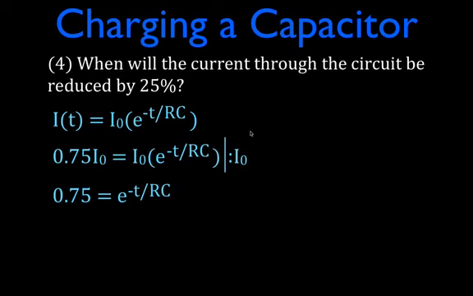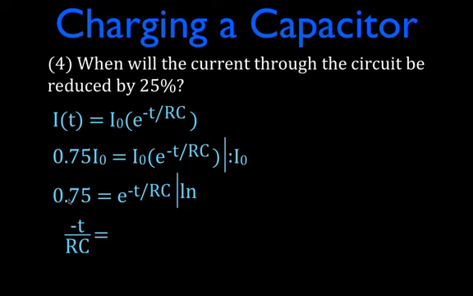And then the next thing I can do is take the natural log of both sides. Okay, the natural log of e to the x is just x. Well, x in this case is minus t over RC. So the natural log of e raised to the power of minus t over RC is simply just minus t over RC.